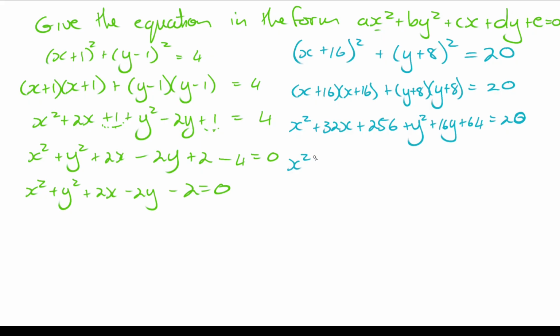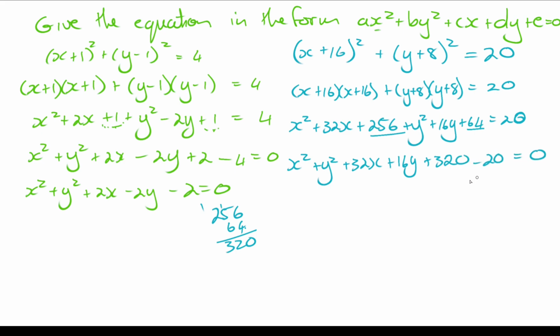Okay, that gives me x squared plus y squared plus 32x plus 16y. Now I have to add these two nasties together. 256 plus 64, 6 plus 4 is 10, that's 11, 12, 320. The 20 comes over. Negative 20 equals 0.